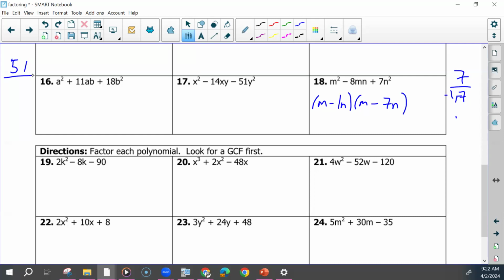That's at least 2. 17. And 1 and 51. Which of those could we add or subtract to get negative 14? 3 and 17. Which one would be the negative?